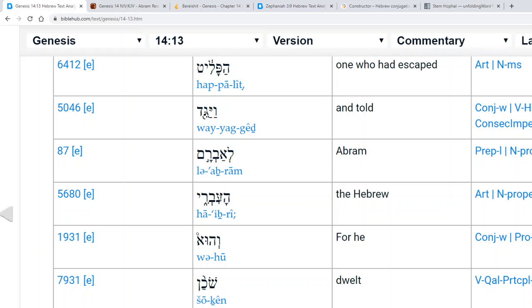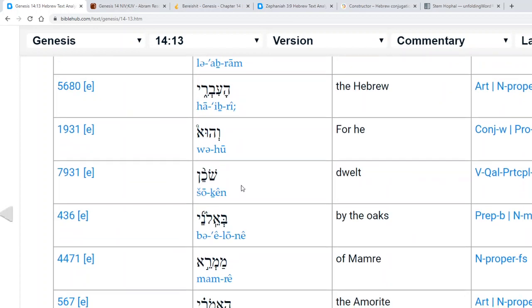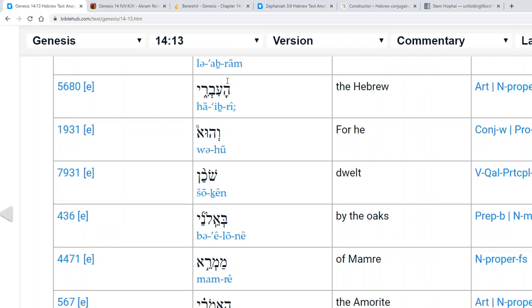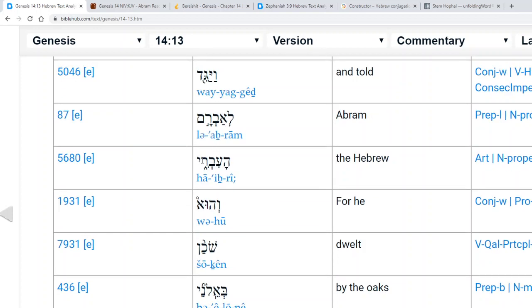Literally, the root means person who crossed over, right? Ayin bet resh means person who crossed over, and there's all kinds of symbolism there you can look up, but that's right. It's calling him ha-ivri, right? Which is obviously talking about a nation, right? So ivri, right? He is ivri, right? So that's Hebrew.